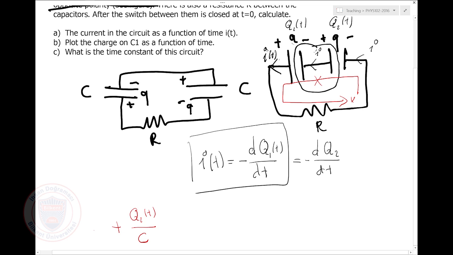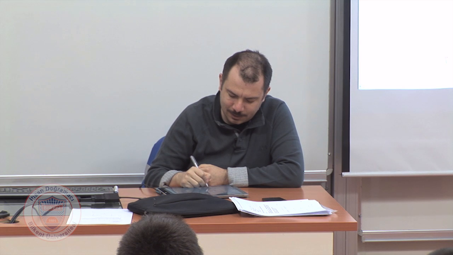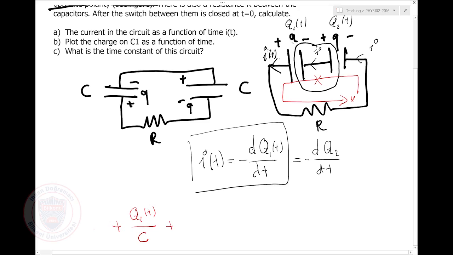So I'm already here now. I crossed the first capacitor. If I cross the second capacitor, am I going up in potential or down in potential? Up, right? I'm going from the minus terminal of the capacitor to the plus terminal of the capacitor, which is at higher potential. So I have minus Q1 of t divided by C. Now I'm here.